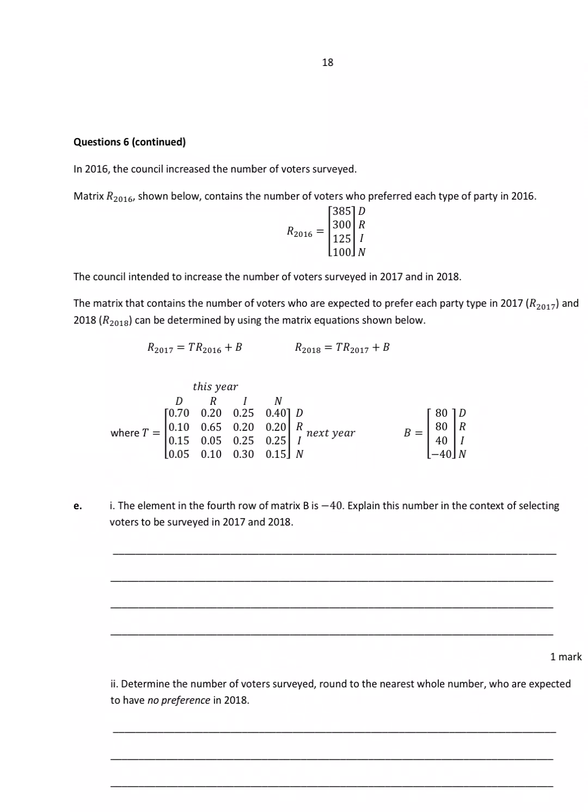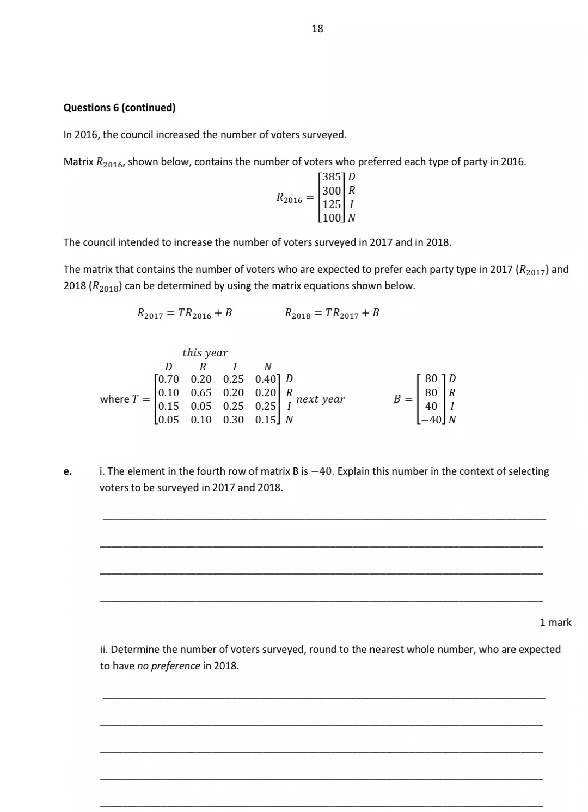So the council increased the number of voters surveyed. Matrix R 2016 shows the number of voters for each party type. I'm just skim reading here. Essentially, we've got 2 recurrence relations, which tell us how to get 2017 and 2018 number of voters.